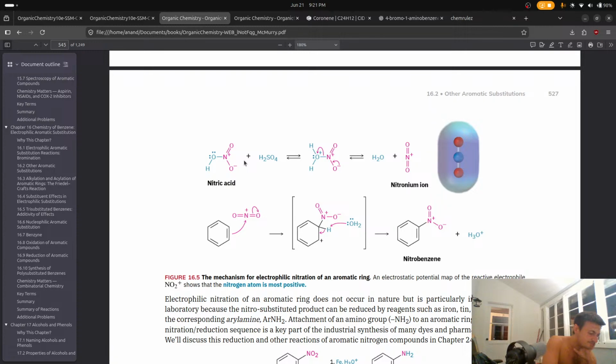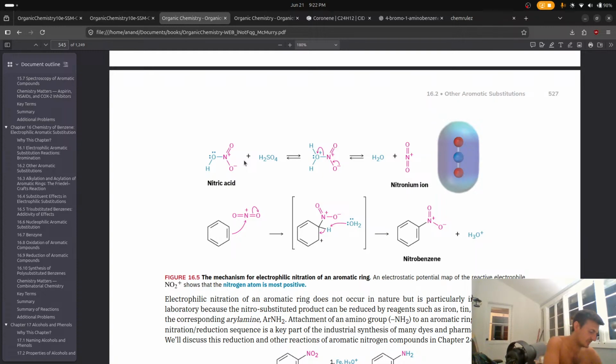We get O=N+, with O minus. And now this comes in, oxygen drops its lone pair, and then this lone pair just goes onto water, and then we form N double bond O plus H2O. So that's the nitronium ion.